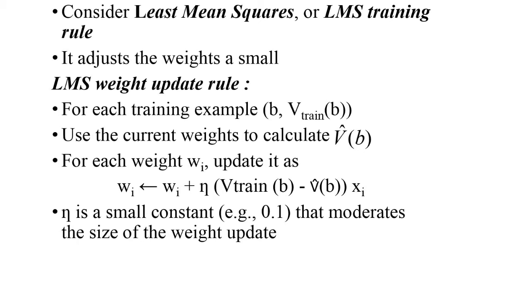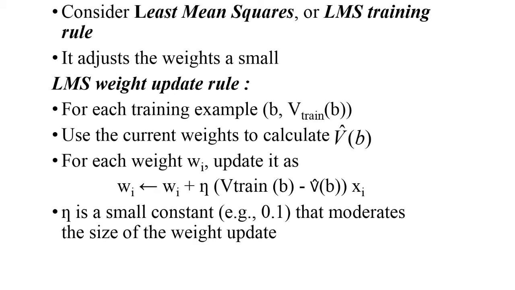The LMS weight update rule: for each training example, consisting of B, the board state, and V train B, the corresponding training value for that board state, use the current weights to calculate V hat B, meaning you are predicting the value.